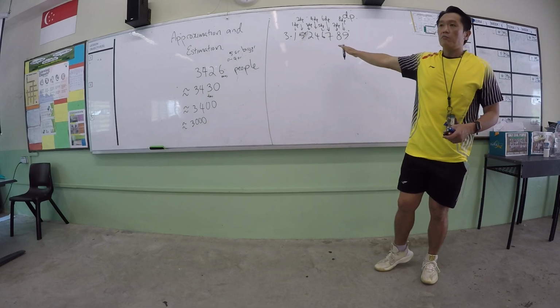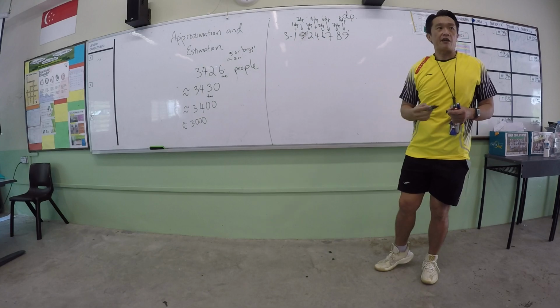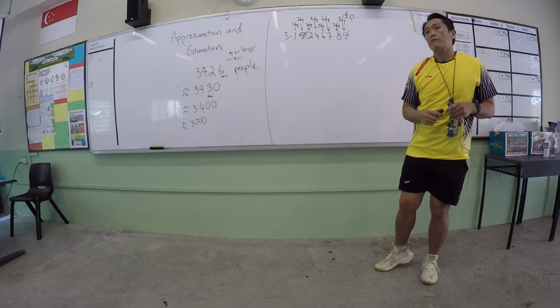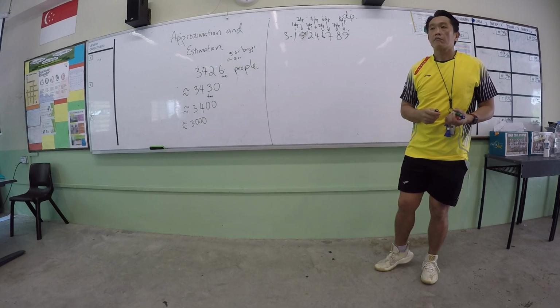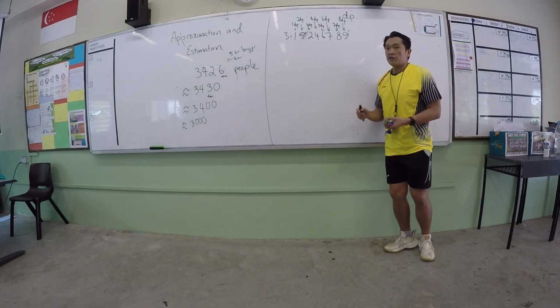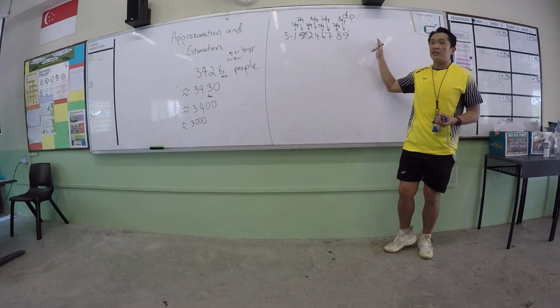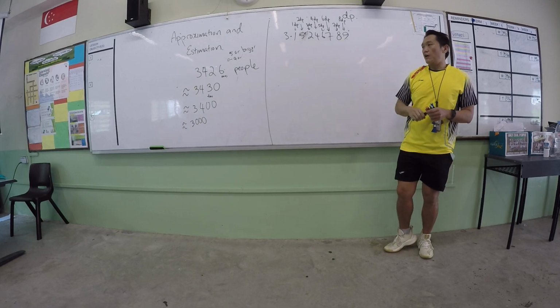The more decimal point, the more exact or the less exact? The more exact. Okay? Chandler says more exact. Okay? It's correct. Because the accuracy gets higher and higher. Okay? Measurement.